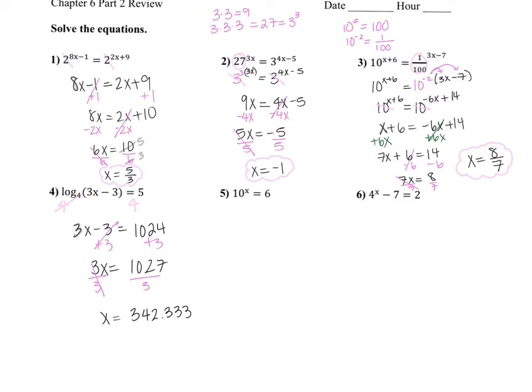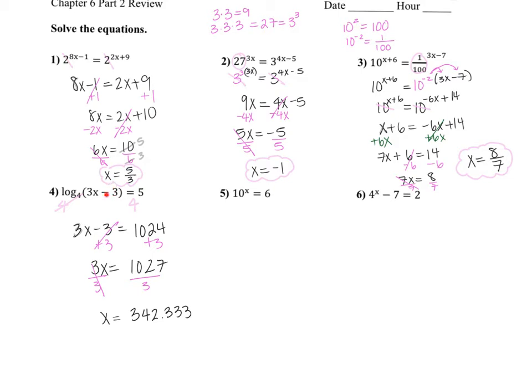But this is a log problem, so you should check your answer. And it's a very quick check here, because all you have to do is take this number and evaluate. So if I plug in 342.33 into this x, notice this is a very big positive number. If I multiply it by 3, I'm just going to get another bigger positive number.